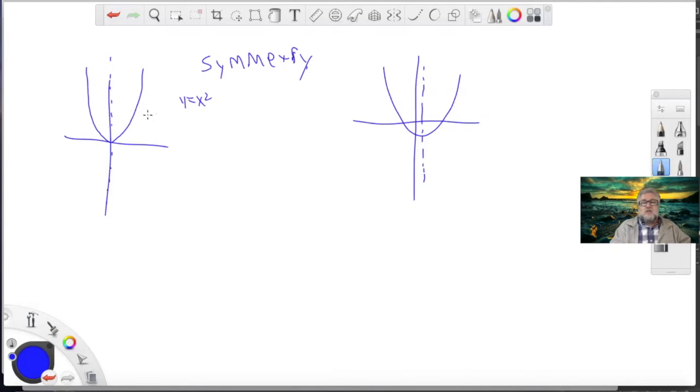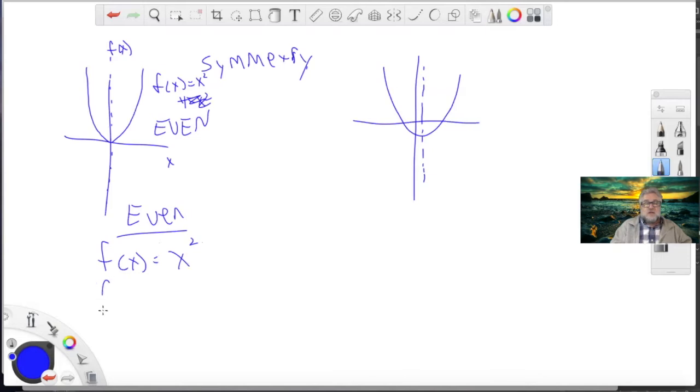This is referred to as an even function. So if this is f of x versus x, let me rewrite this as f of x equals x squared. For an even function, if I take f of x, I've got x squared.